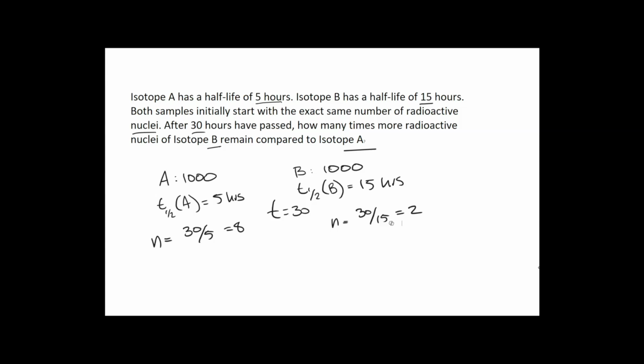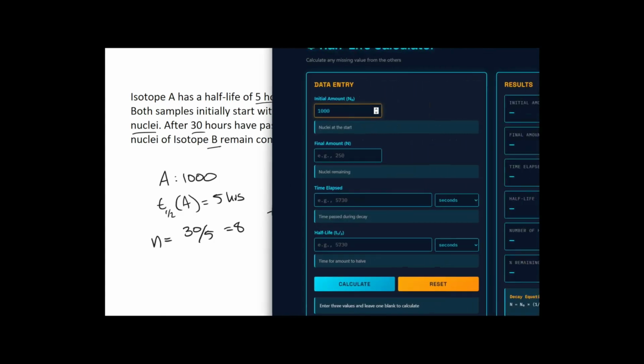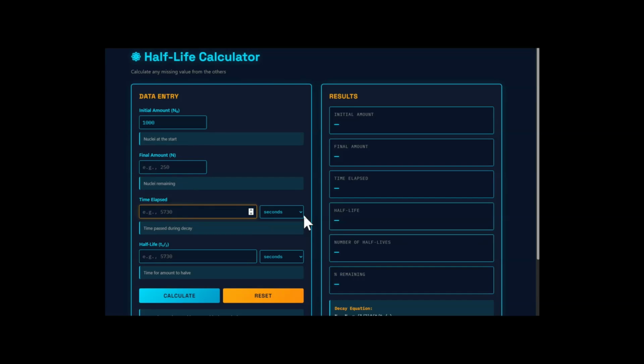So let's put this into our little machine thingy that we've got. So the initial value here, this is for the first one, is 1,000, and the half-life is 5 hours. The time elapsed is 30 hours. The half-life is 5 hours.